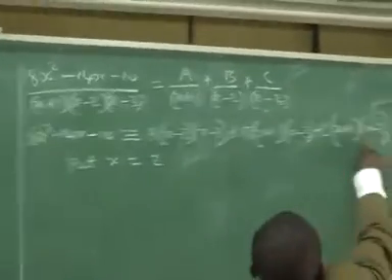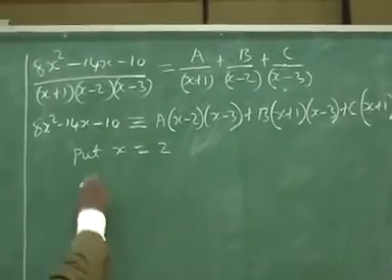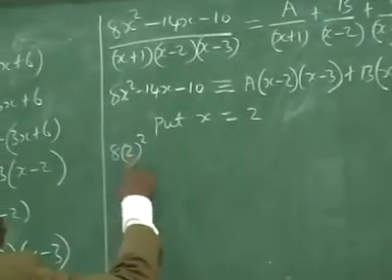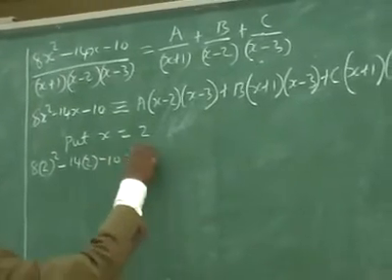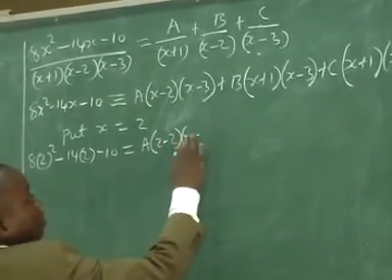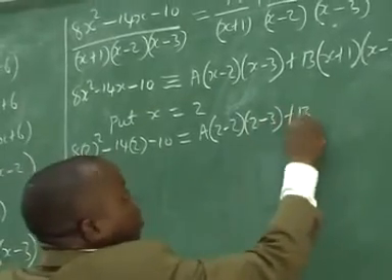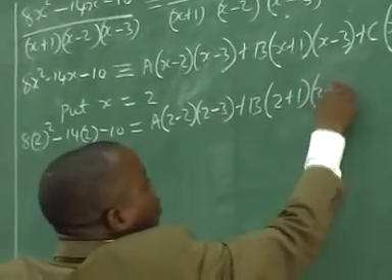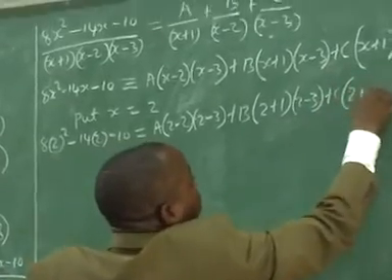At the same time, when I put 2 here, this will be 0, and then I will get the value of B. So if I put x equal to 2, I will have 8 times 2 raised to the power 2 minus 14 times 2 minus 10 equals A times the bracket 2 minus 2 times 2 minus 3, plus B times 2 plus 1 times 2 minus 3, plus C times 2 plus 1 times 2 minus 2.